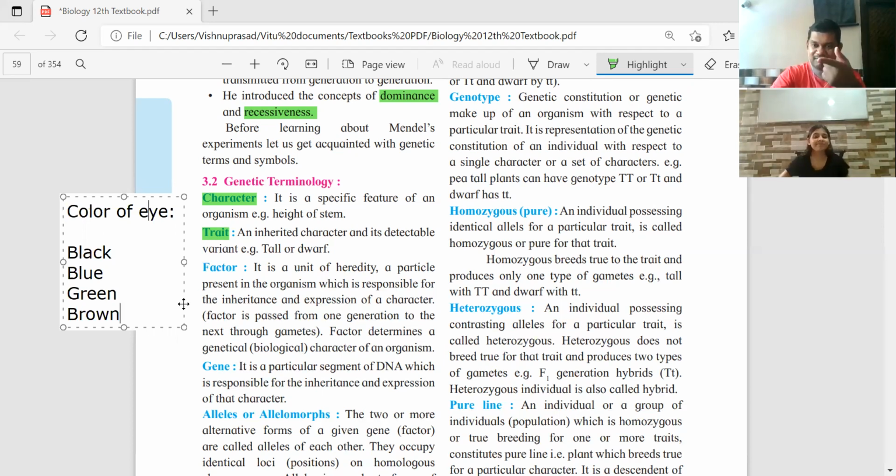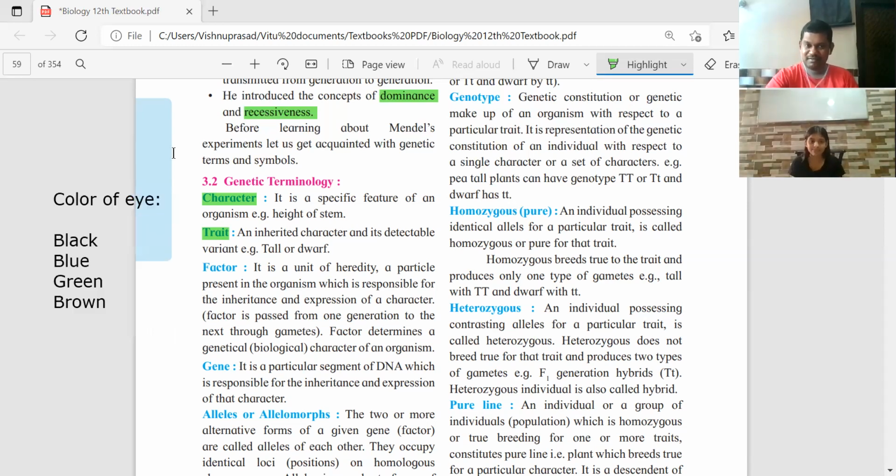Now your eyes are black, so you have black eyes as a trait. And from childhood, for the entire life, it will always be black. Does the color of the eye change every day? In the morning it's green, tomorrow it's blue? Does it happen? Of course not. It is a character which is genetically determined because you are having the gene for black eyes. It doesn't change. Getting it?